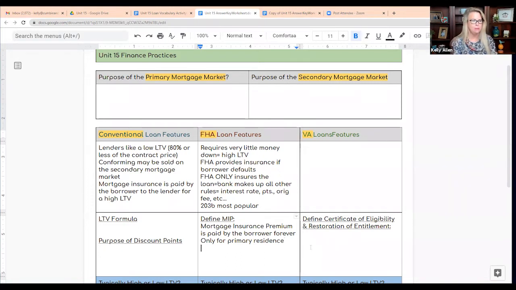There can be a maximum loan amount. And of course, all of the interest rates and all that are set by the lender, not the FHA. We're going to have a special appraisal done.